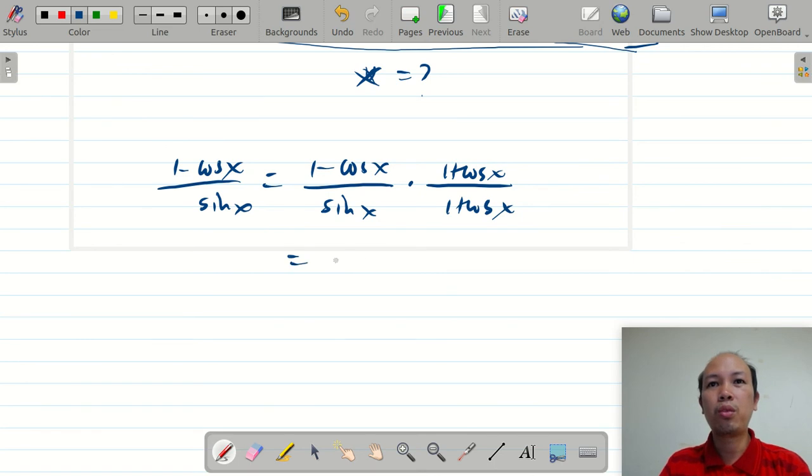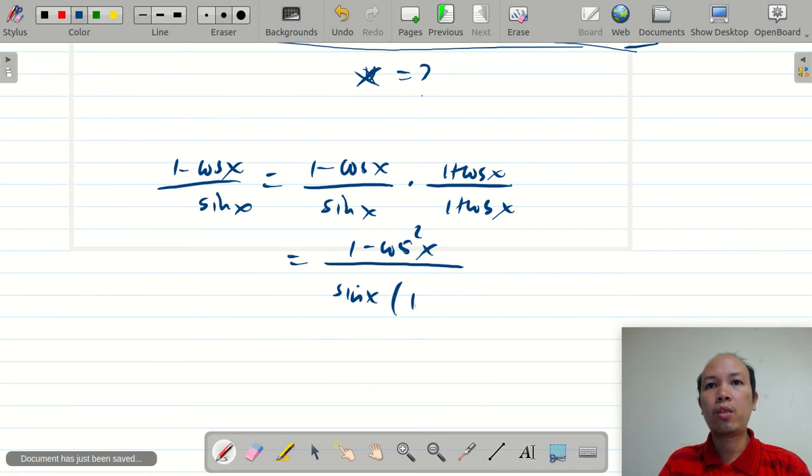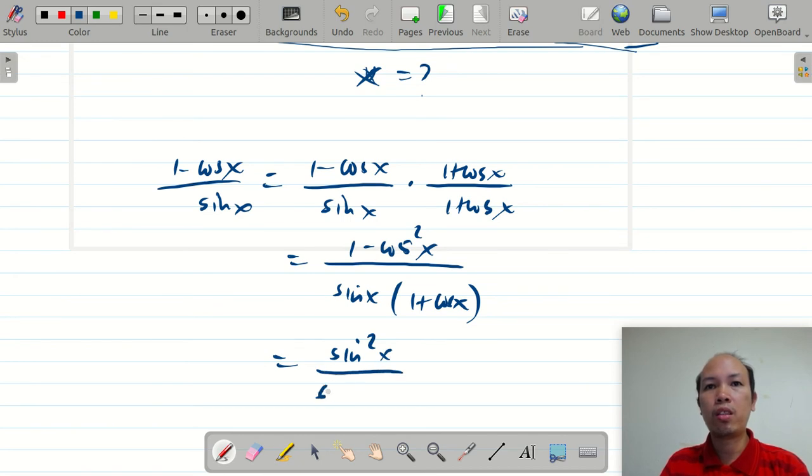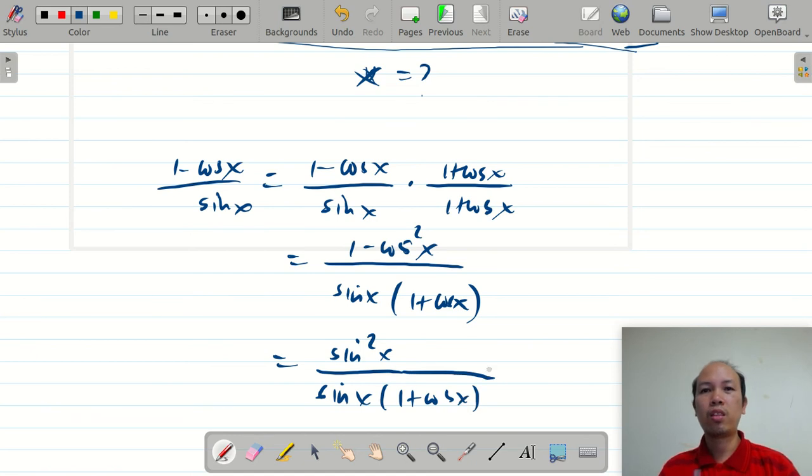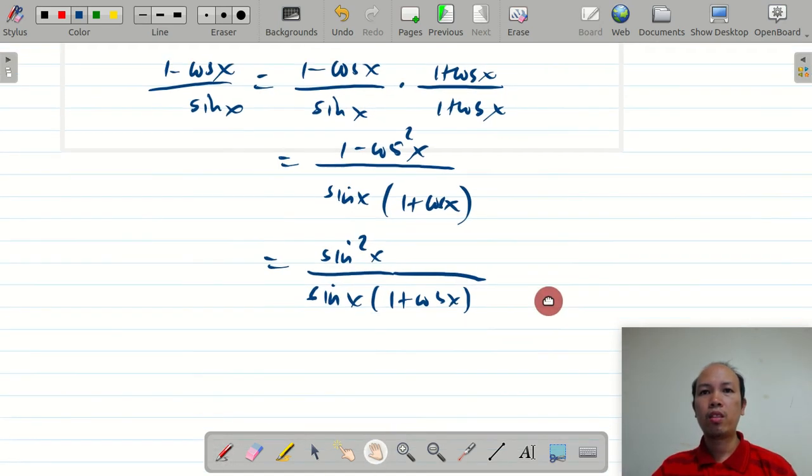This gives 1 minus cosine squared x over sine x times 1 plus cosine x. So the numerator becomes sine squared x over sine x times 1 plus cosine x. So use the identity.